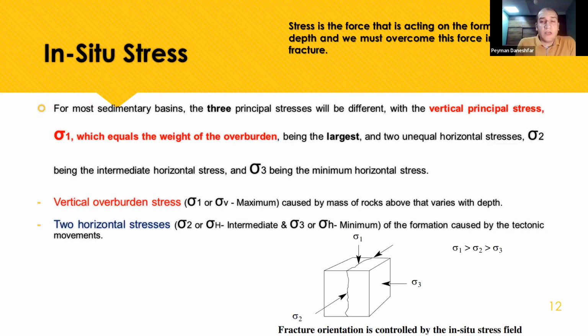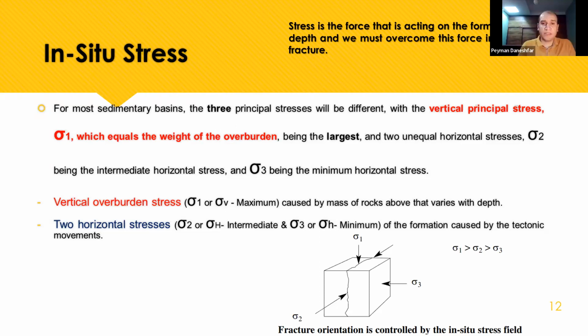Another one is sigma 3, shown with a small h, and we can tell it is the minimum in-situ stress of the formation.